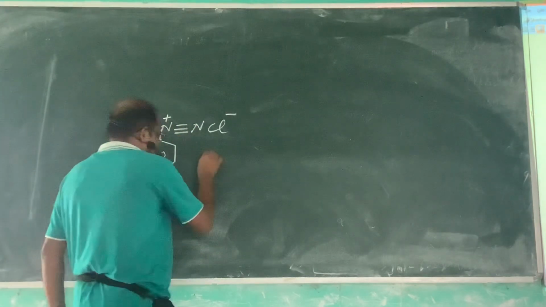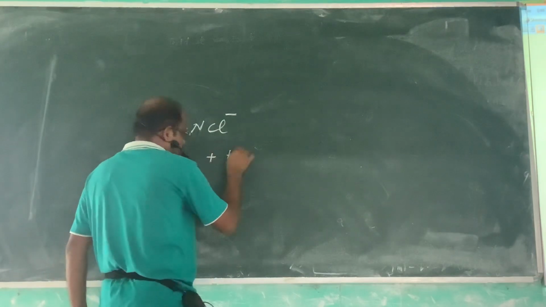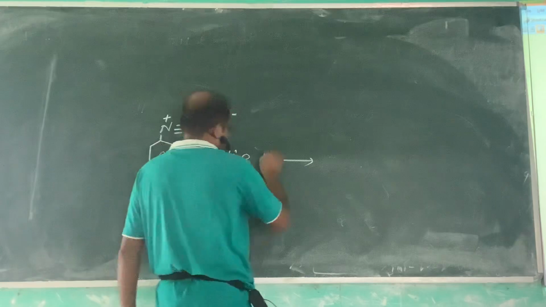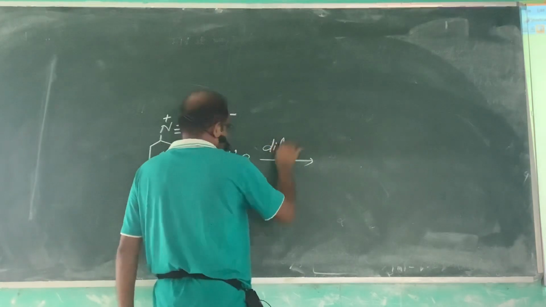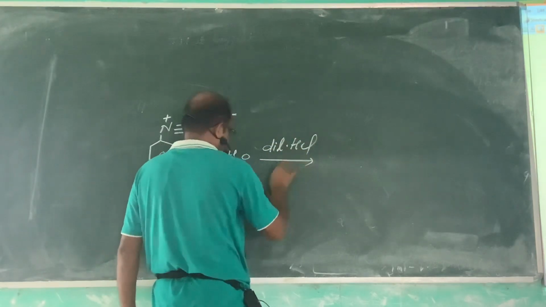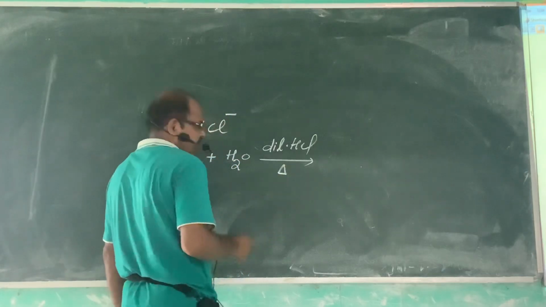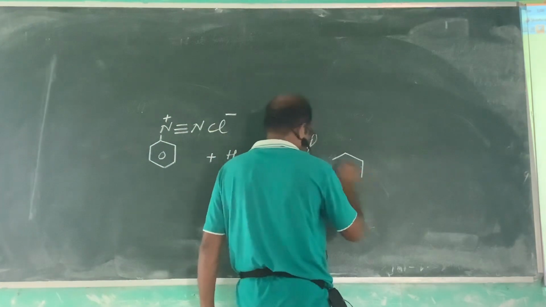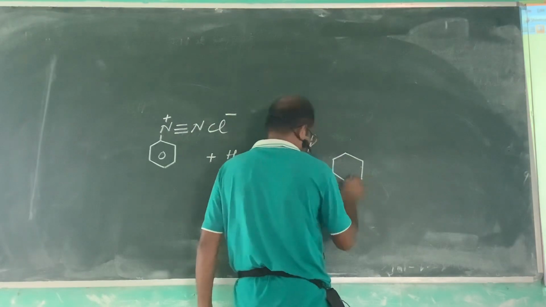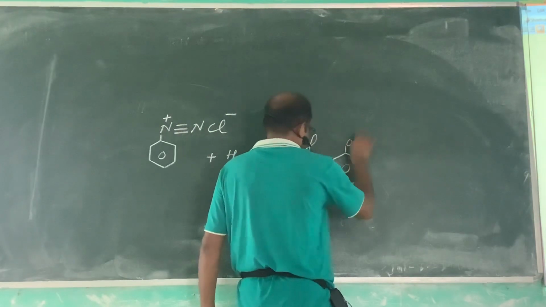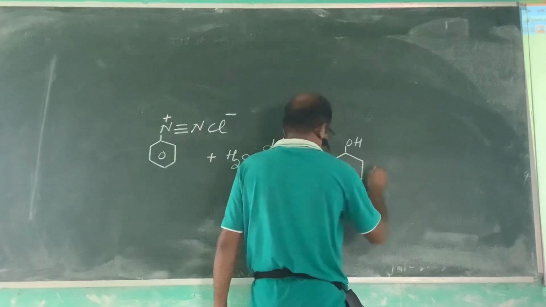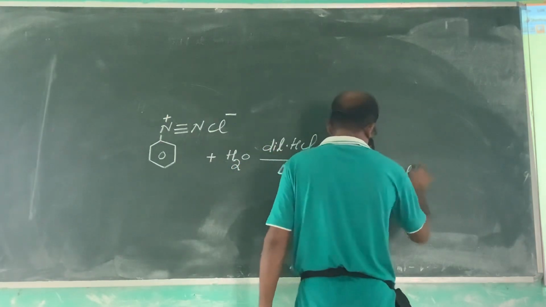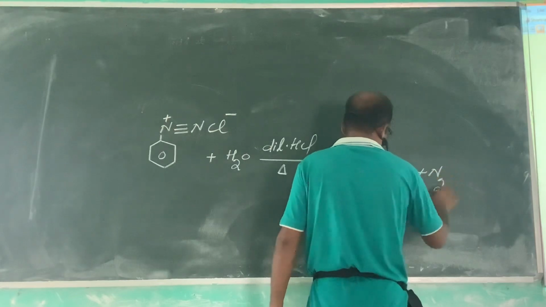When an aqueous solution of benzene diazonium chloride is heated in presence of dilute HCl, it gives phenol. Phenol plus HCl plus N2 gas.